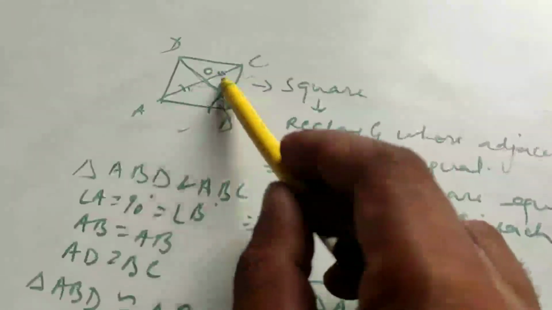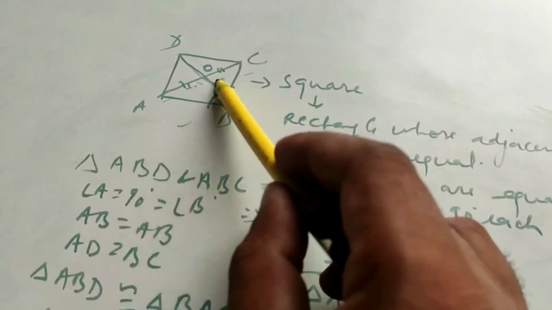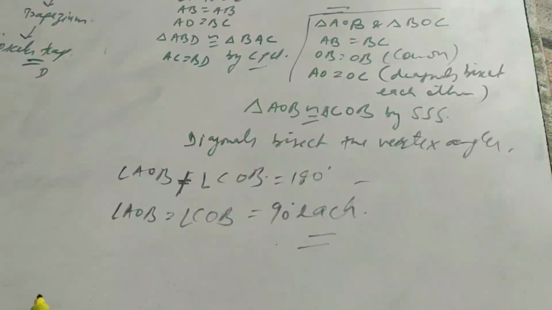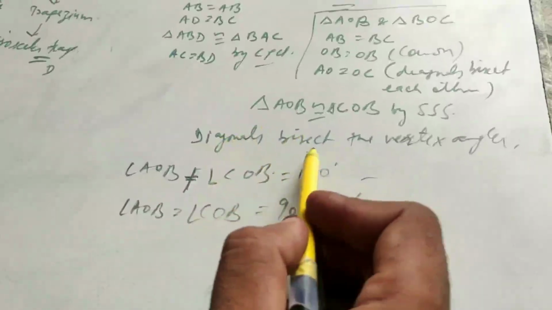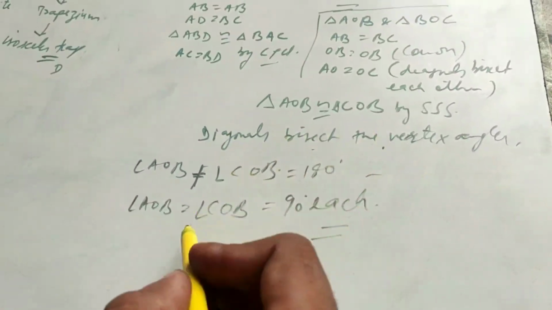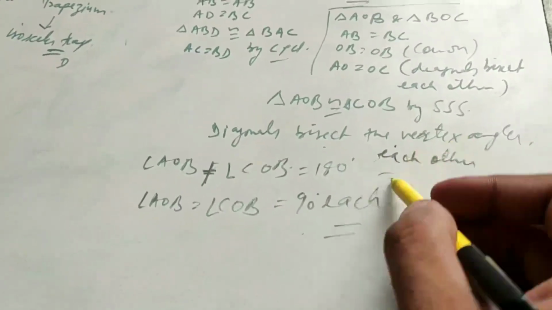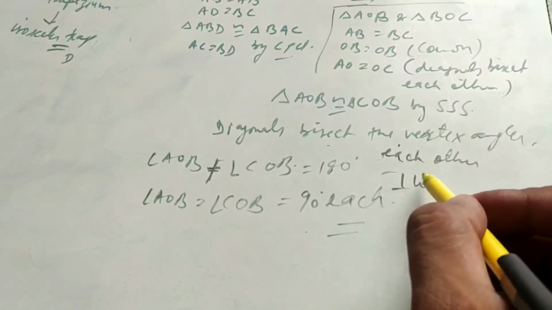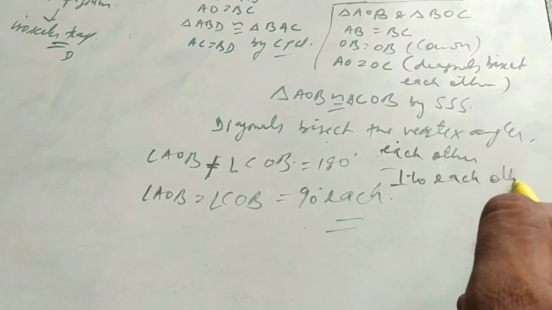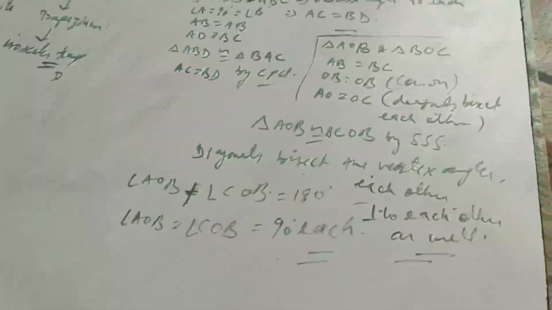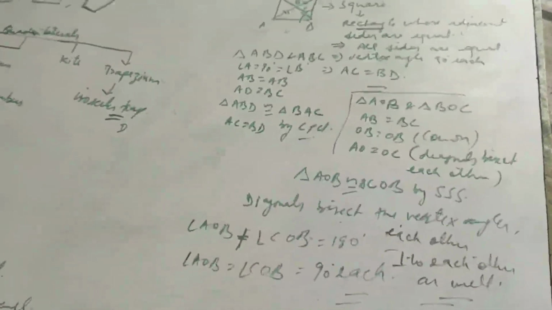Listen, AOB and COB are equal by CPCT and they are forming a linear pair, so each angle is 90 degrees. So it means the diagonals bisect the vertex angles, they bisect each other, and they are perpendicular to each other as well. Okay, so these are the important properties of a square.